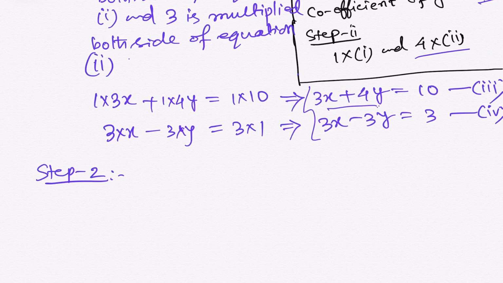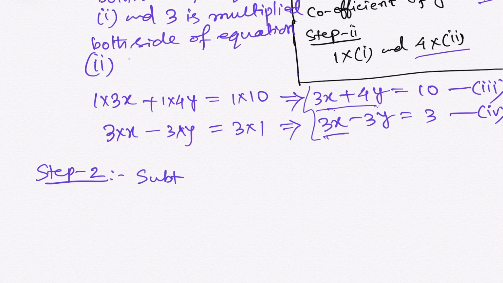We see that after multiplication, the sign of the coefficient of x is the same in both equations. In both equations, x is positive. If we apply the addition method, we won't remove x from both equations. So we apply the subtraction method.